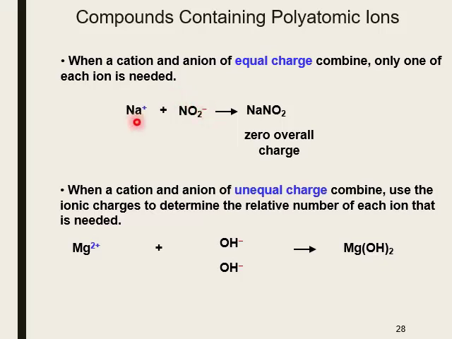So in other words, if the charge on the cation is 1 and the charge of the anion is also 1, then they will form an ionic compound in which the ratio will be 1:1.